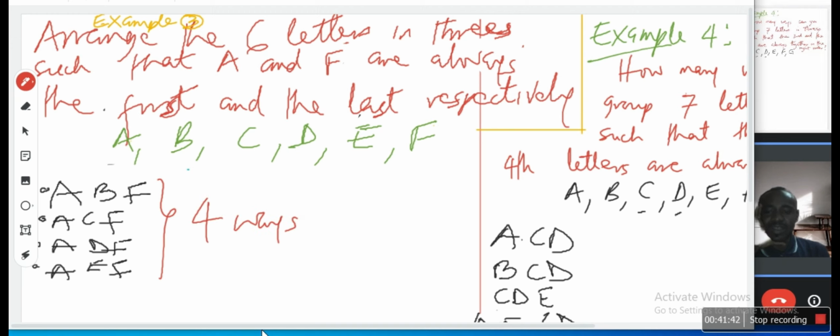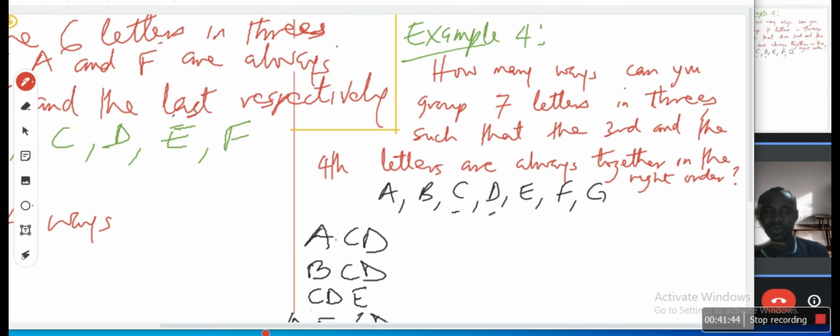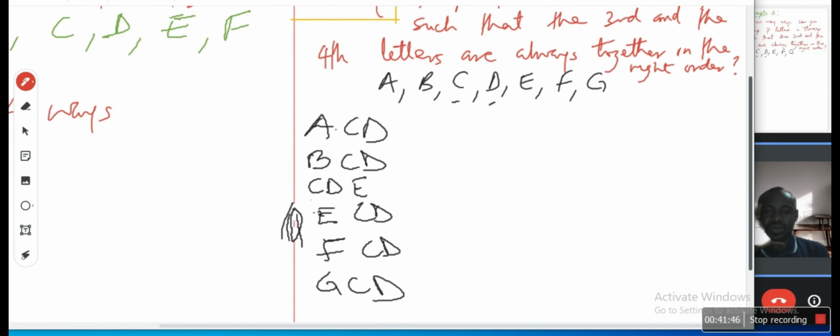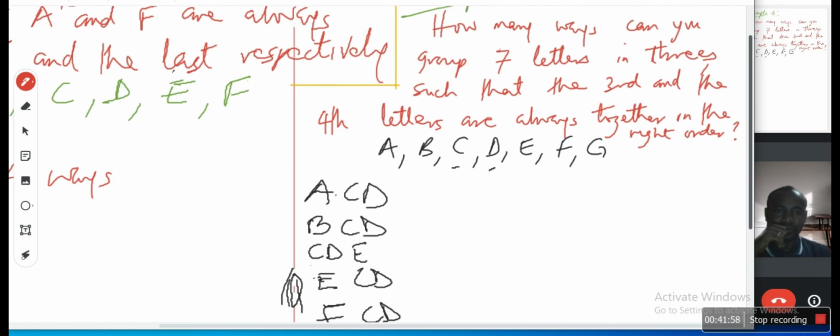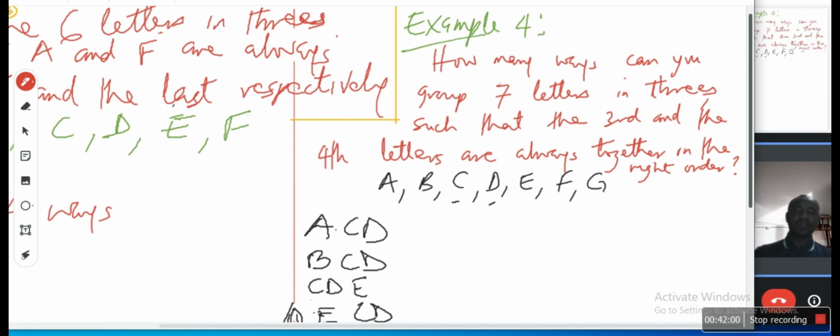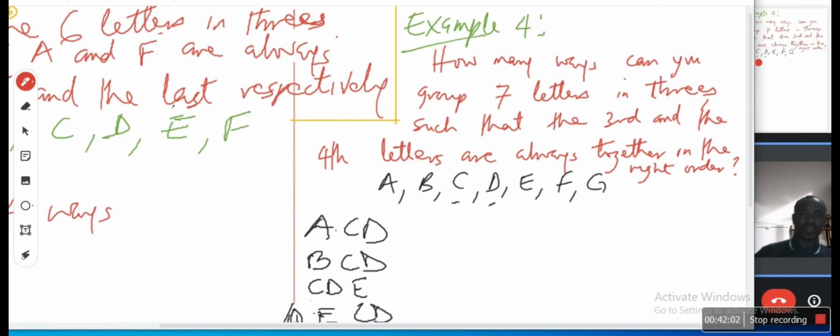With what you have, are you done? So how many ways did we find out? 6. The question again: how many ways can you group 7 letters in threes such that the third and the fourth letters are always together in the right order?